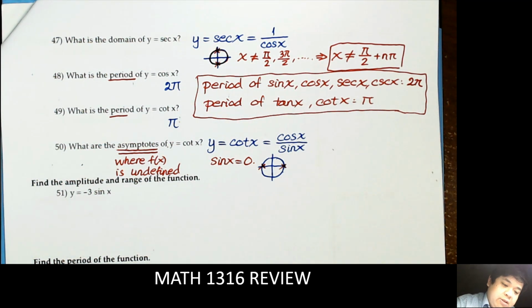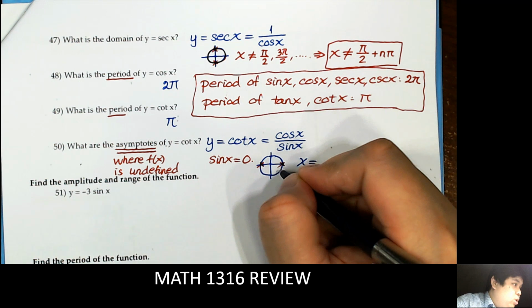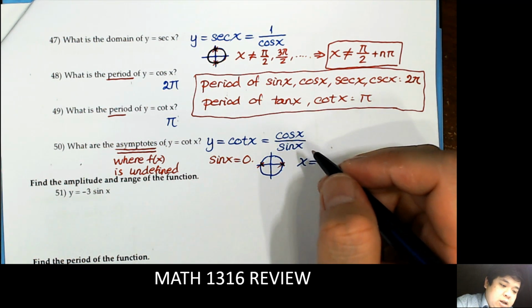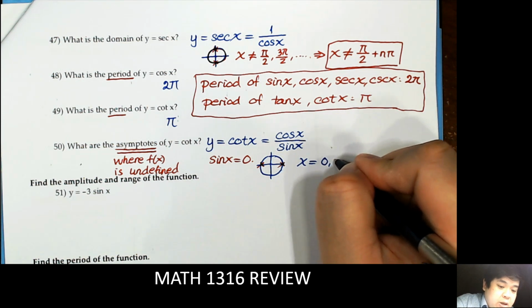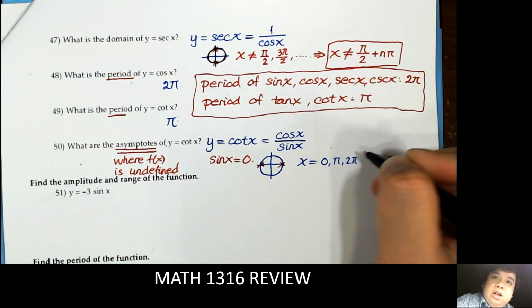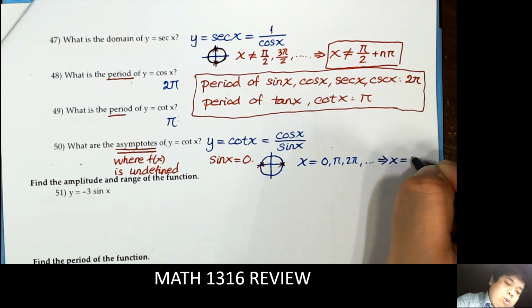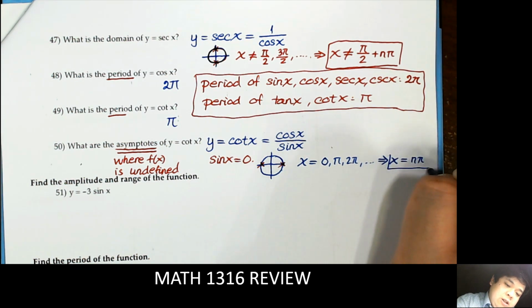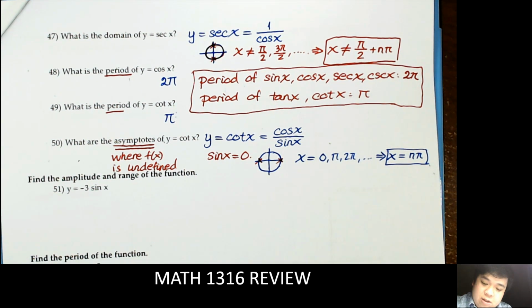So we need x equal to those points, which are multiples of pi. So it could be 0, pi, 2 pi, negative pi, and so on. In general, we just say x equal to n pi. So that is 15.